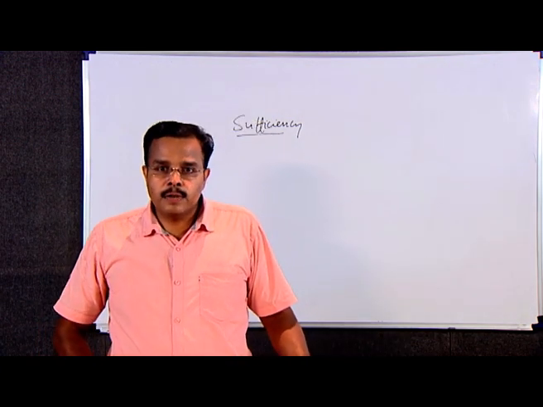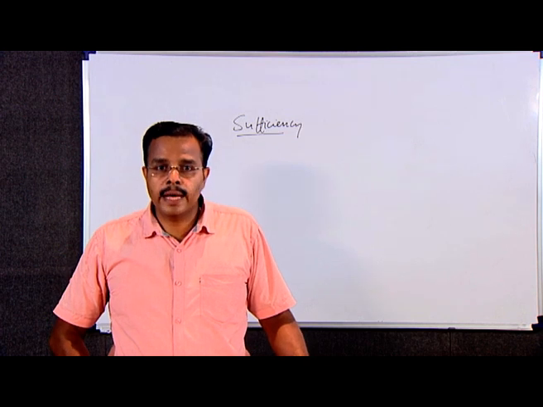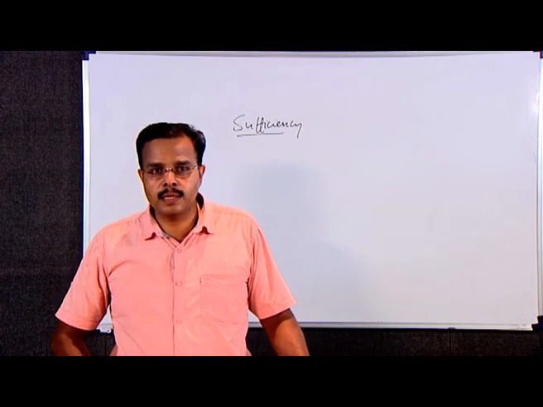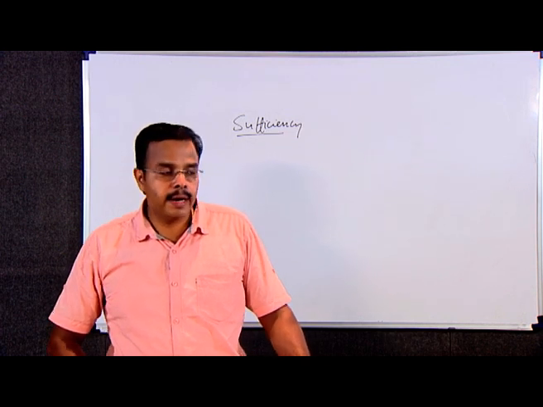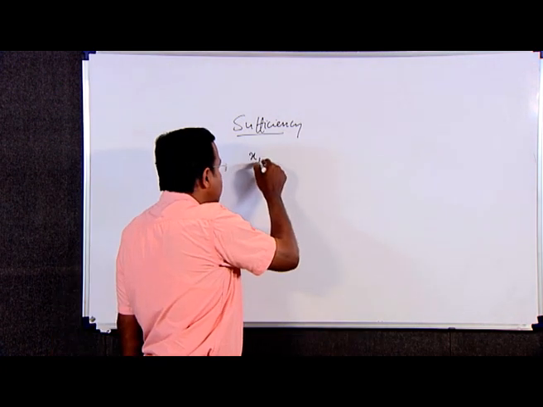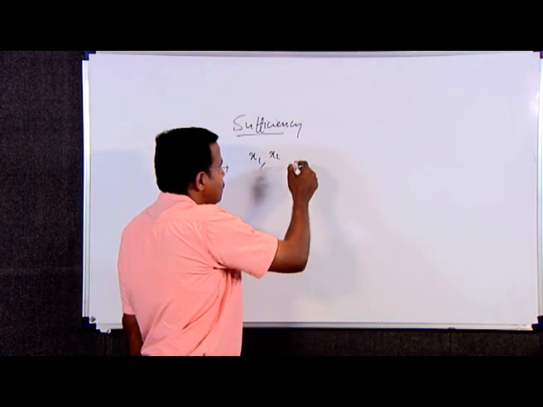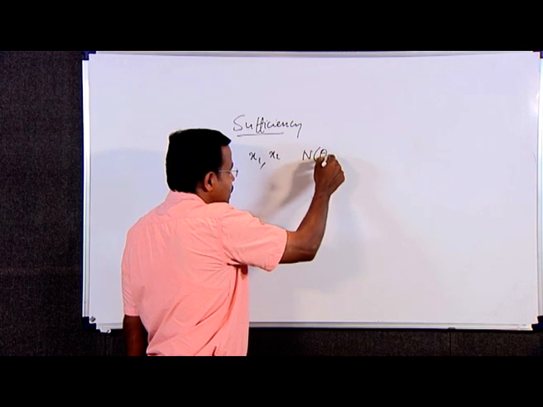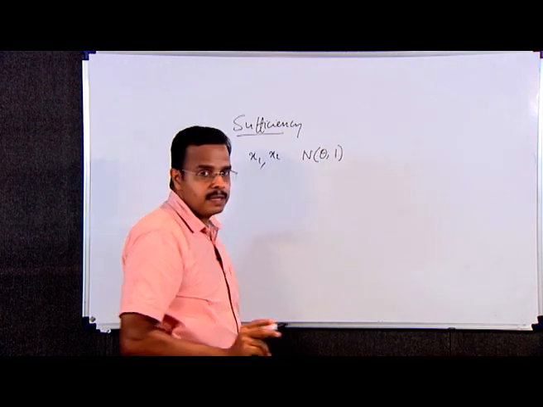Next, let x1 and x2 denote a random sample from a normal population with the mean theta and variance unity. X1, x2 are two samples from a normal population with the mean theta and variance unity, that is standard deviation is 1.